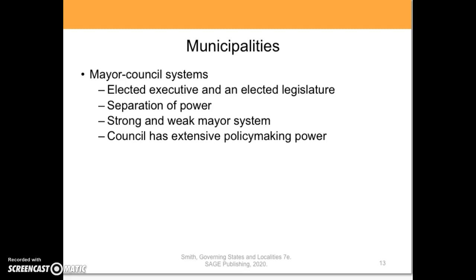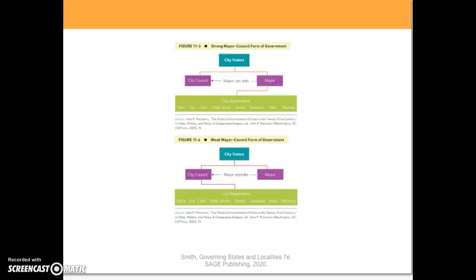However, mayors in both have powers and exercise considerable influence, and in the weak mayor system, they do this by persuasion rather than the authority vested in their office. Okay, so that's the key distinction between the strong mayor and weak mayor system in our local government.